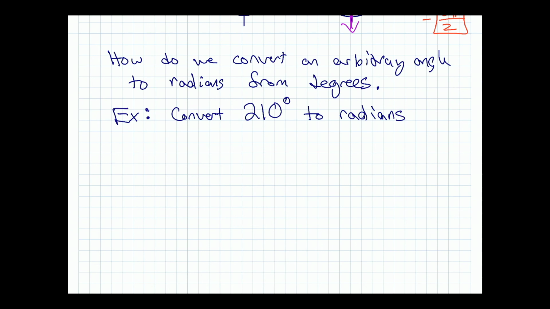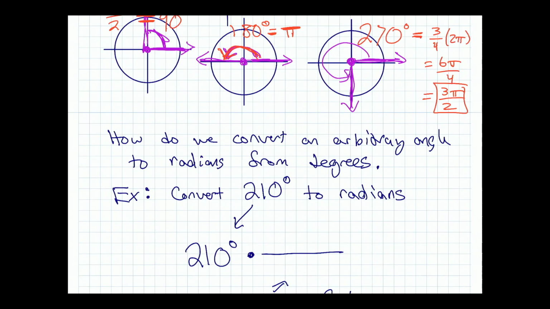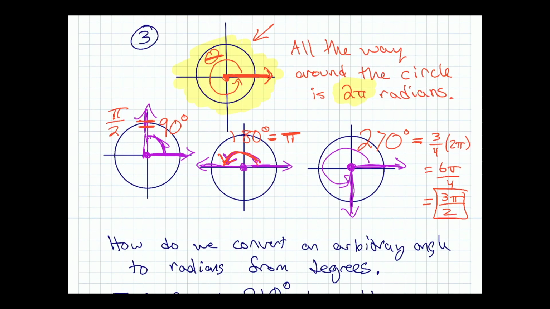So the way you do it is you start with this 210 degrees. Then what we're going to do is multiply by a conversion factor. A conversion factor is just a fraction where we relate degrees to radians. So our conversion factor could be any of these up here.